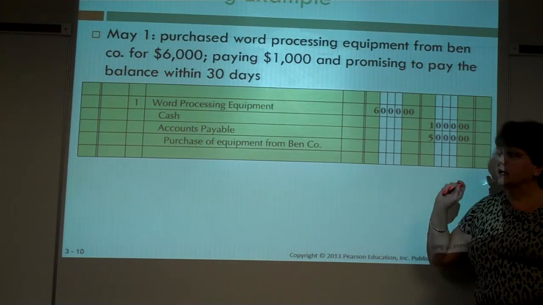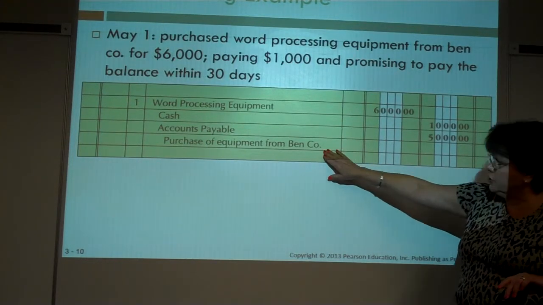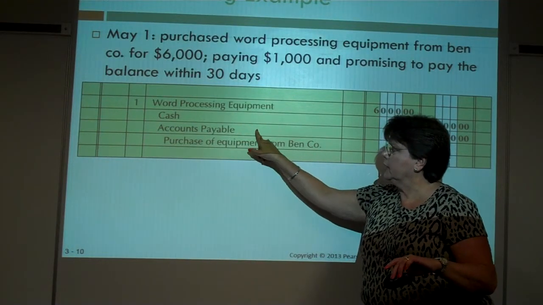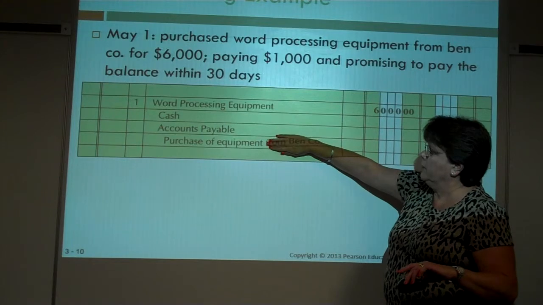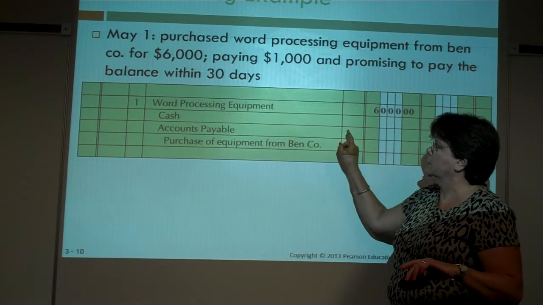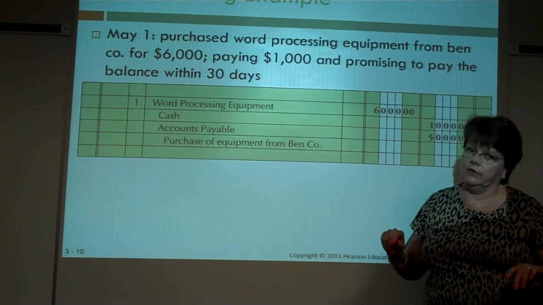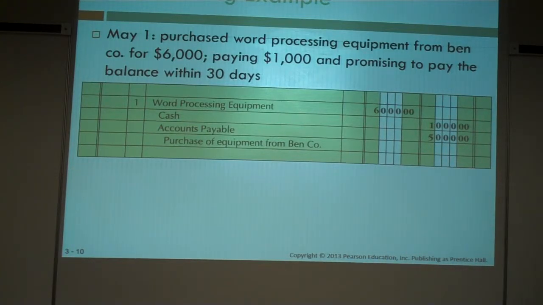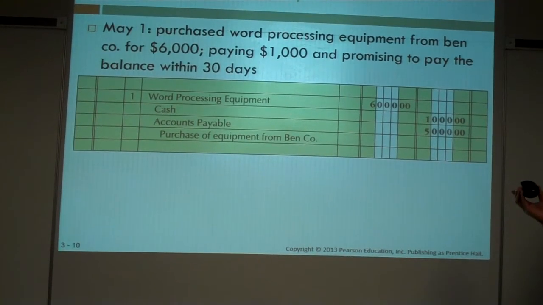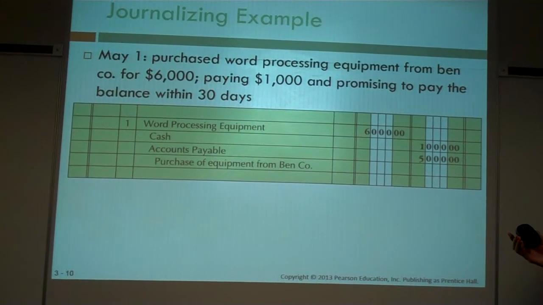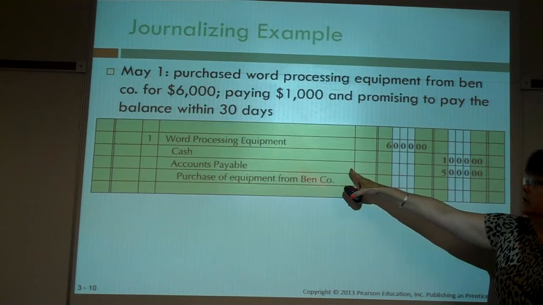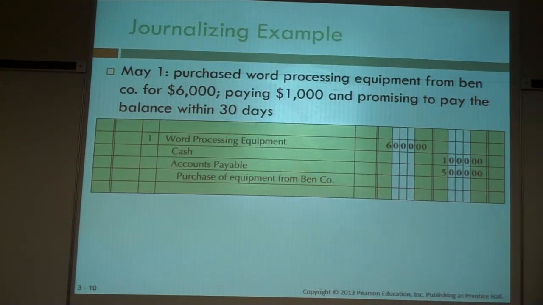So if you'll just get into the habit, if they tell us who it's from, and not all of them do, just put your diagonal and put Ben Company, then we could just say purchase of equipment and put a diagonal right there. That's one of the examples where I'll only have you post the accounts that have a diagonal in them. We have to post this part of the transaction twice eventually.